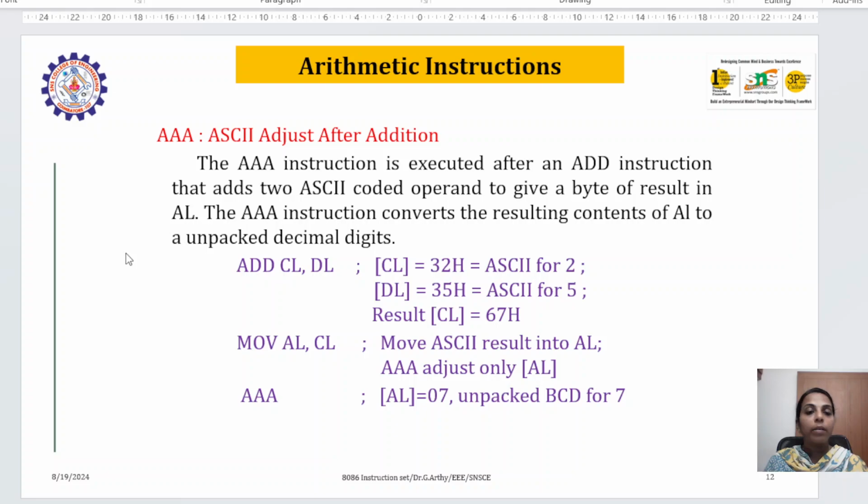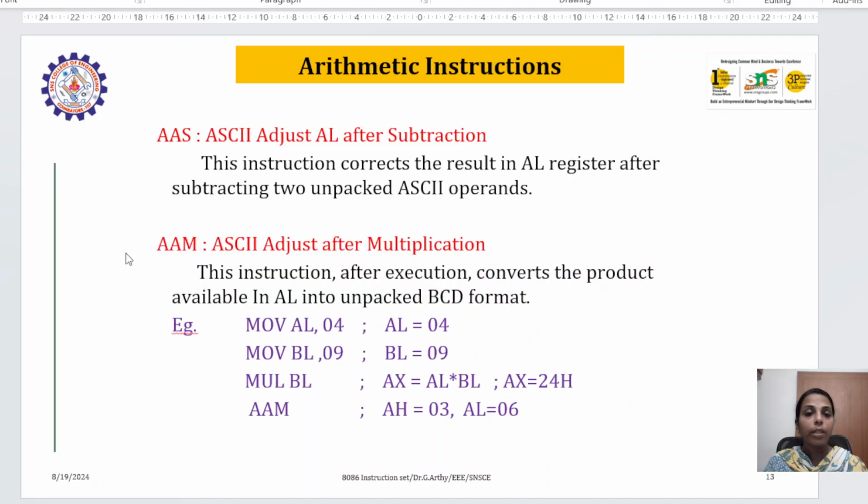Next we have the AAA instruction, which is ASCII adjust after addition. For every value we have the ASCII values, and in order to find the ASCII values we'll be using the AAA function. Then ASCII adjust after subtraction, the AAS.